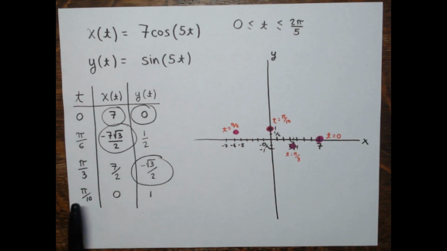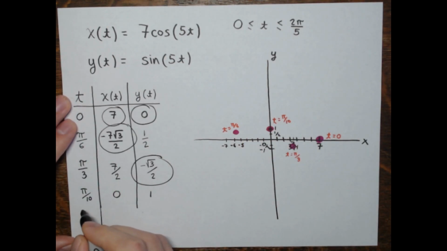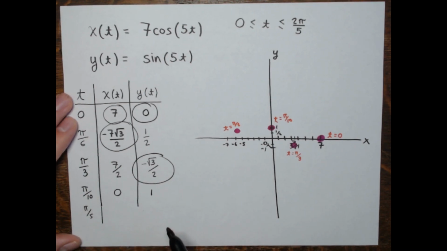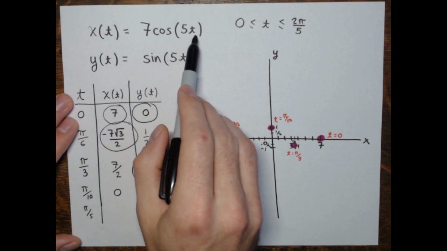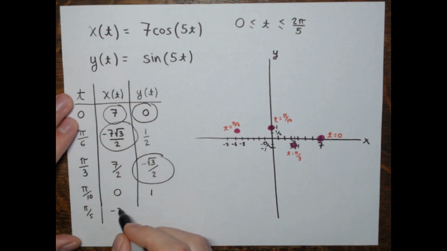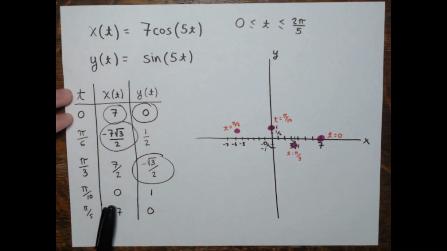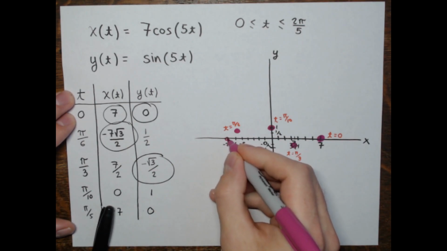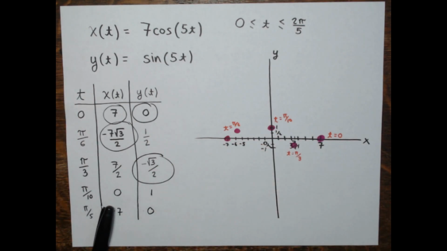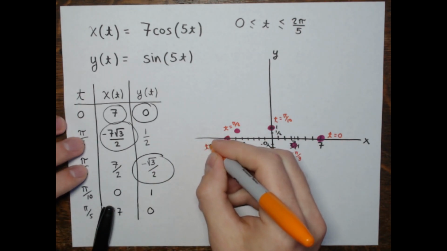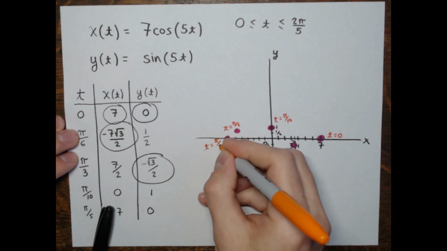And then the next pi over 10, so 2 pi over 10, I'll plug in pi over 5. Cosine of pi was -1, so that's at -7 for the x-coordinate, and sine of pi was 0, so -7, 0. So I'm over here at -7, 0.